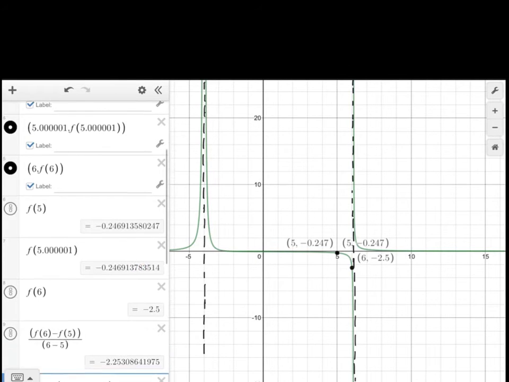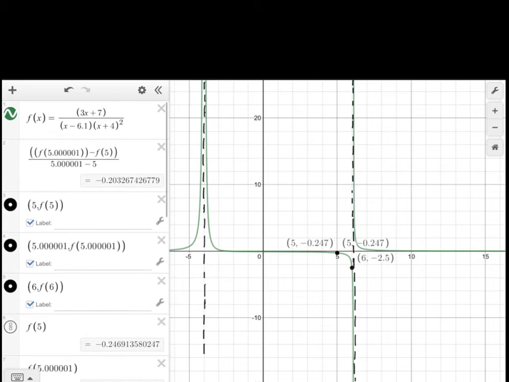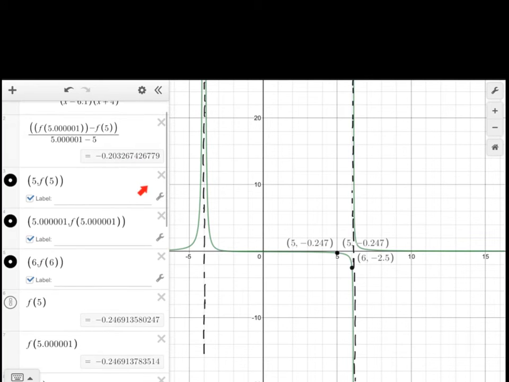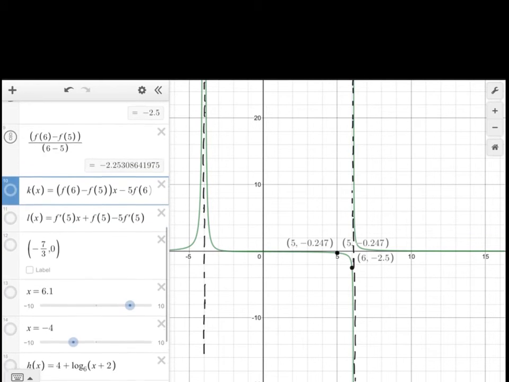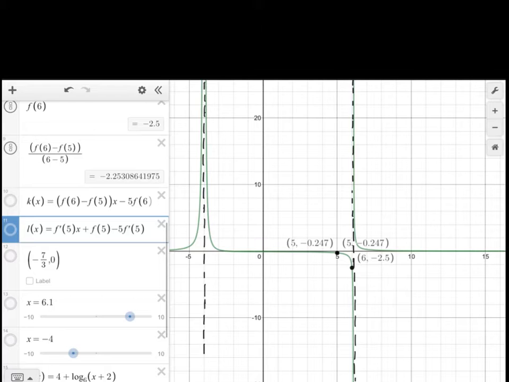And we're going to do delta y over delta x right here, and we get an answer of negative 0.203267. So you see the slope again is less than the slope from 5 to 6. Okay, and so it's just touching right at 5 comma negative 0.247.